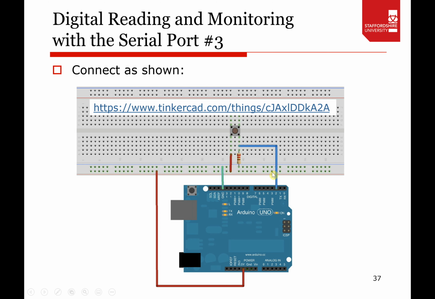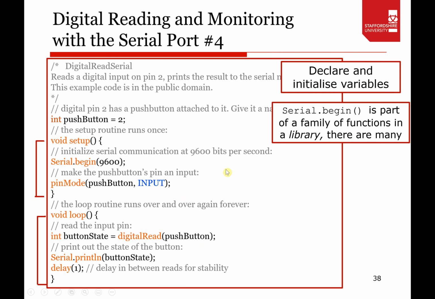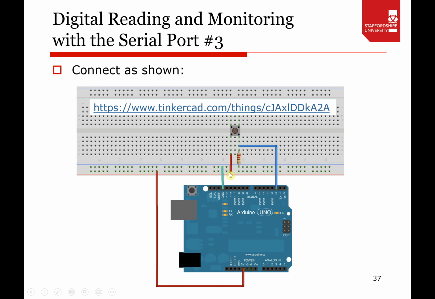One side of the push button is connected to pin 2 of your Arduino. Then there is a 10 kilo ohm resistor, which is connected to ground, so that side there is connected to ground.